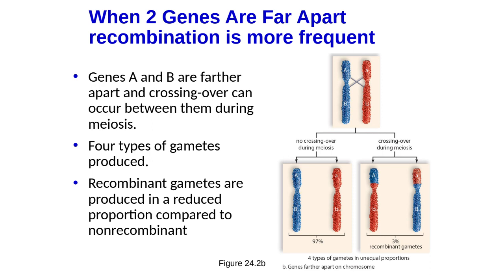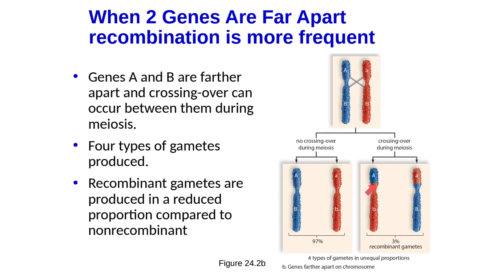So in general, this individual would make these gametes, where big A and big B are still linked, little a and little b are still linked. 97% of the time that would happen, but there is some recombination that occurs.